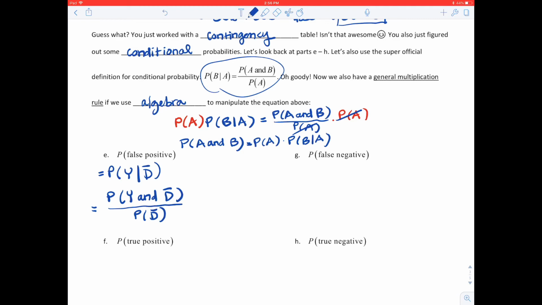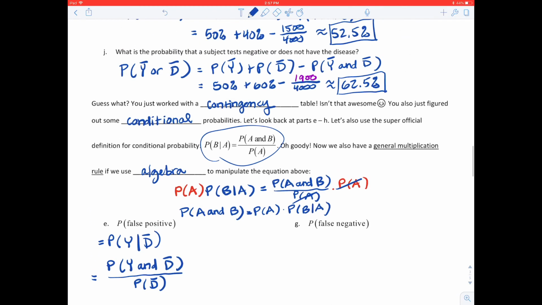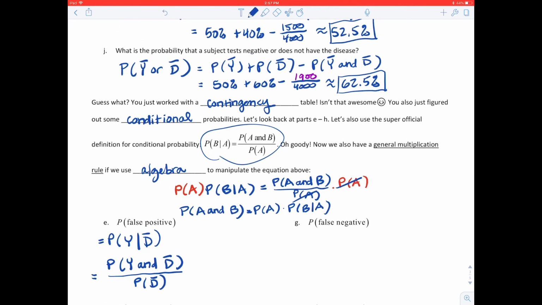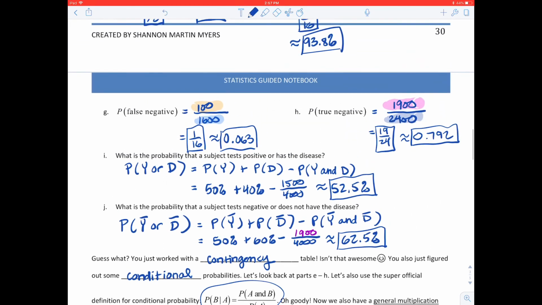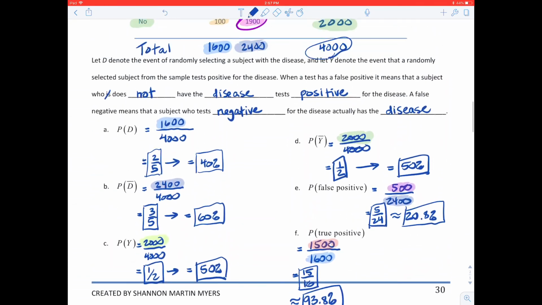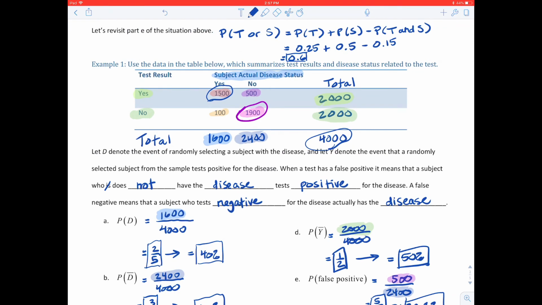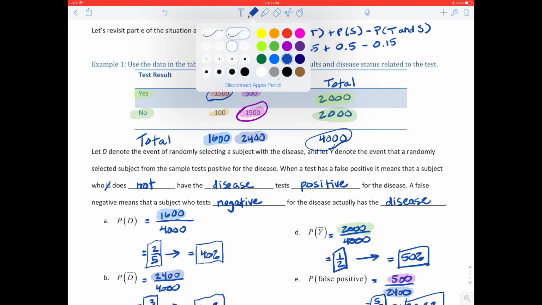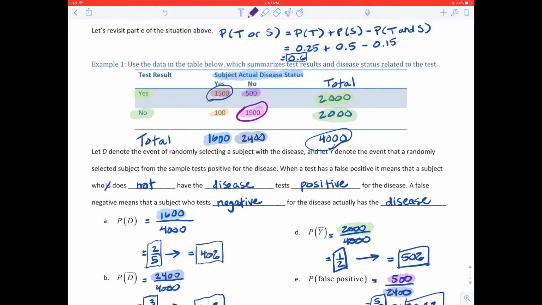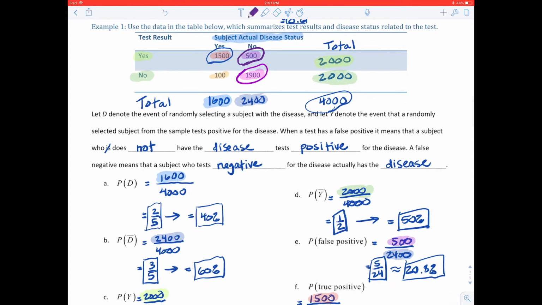The probability of that intersection, testing positive and not having the disease, is 500 out of the 4,000.